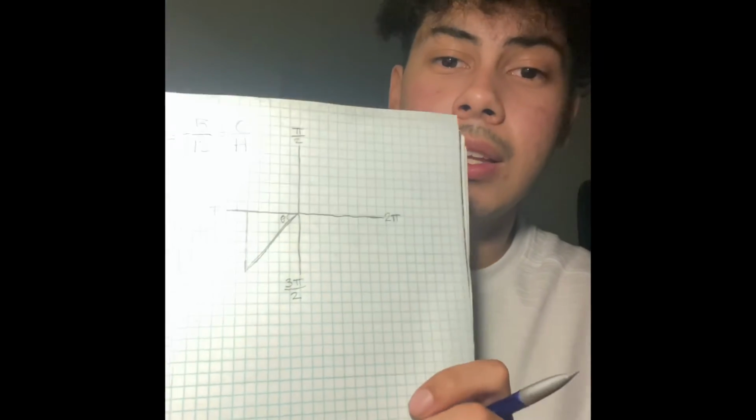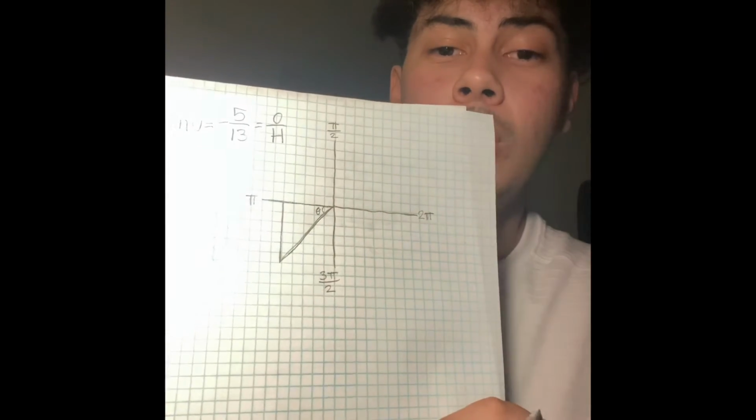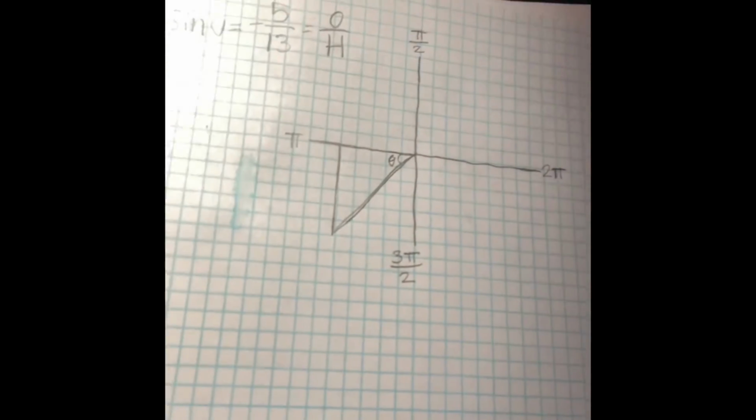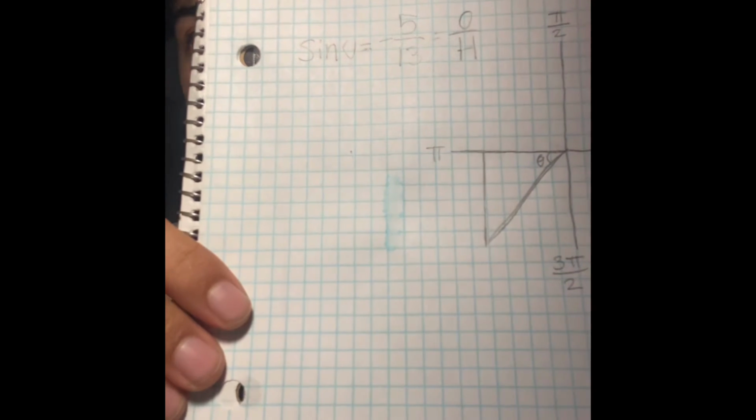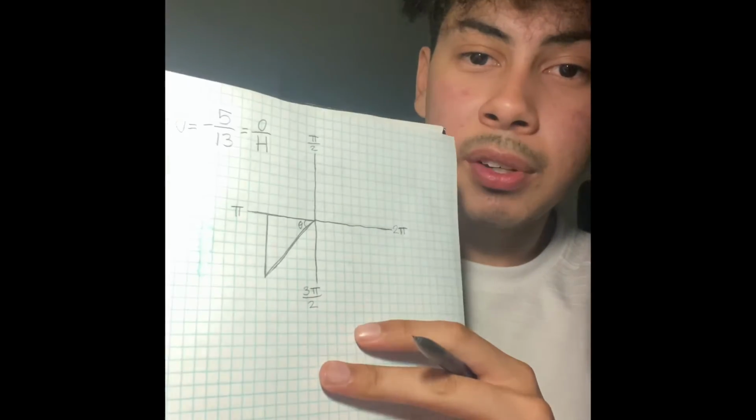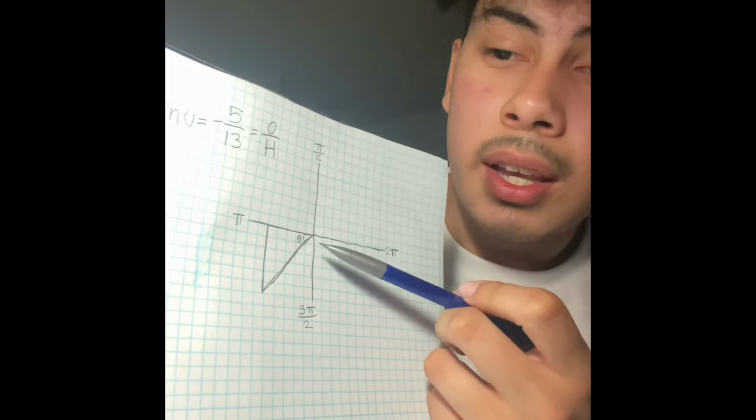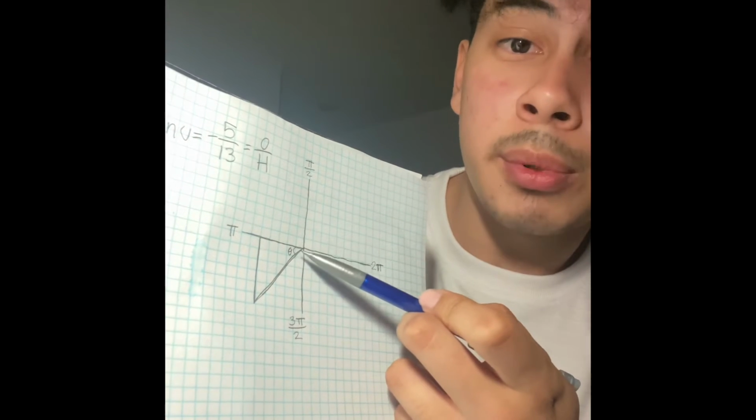Okay, so to begin the problem, we know that the angle u is going to be in quadrant 3, which is what I sketched out. We also have the information given that sine is equal to negative 5 over 13. So given that information, we have this triangle being formed. I wrote theta here, but it's angle u.